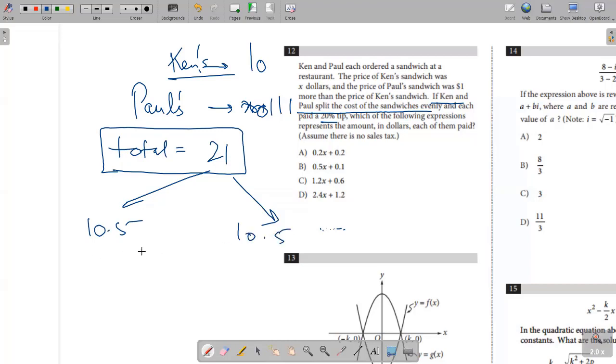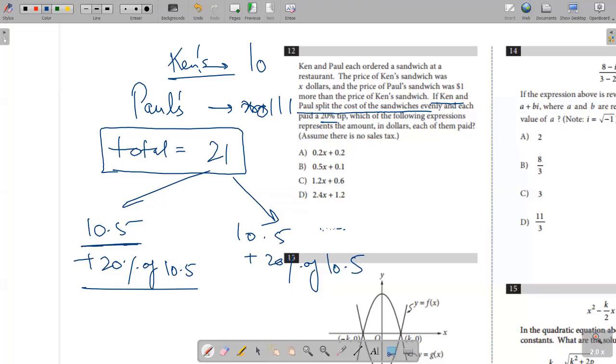So 10.5 and 10.5 will be the cost each will give, but they're again giving 20% tip. So you're increasing 10.5 by 20%. So 10.5 plus 20% of 10.5. Again, the same thing with this guy: 10.5 plus 20% of 10.5.